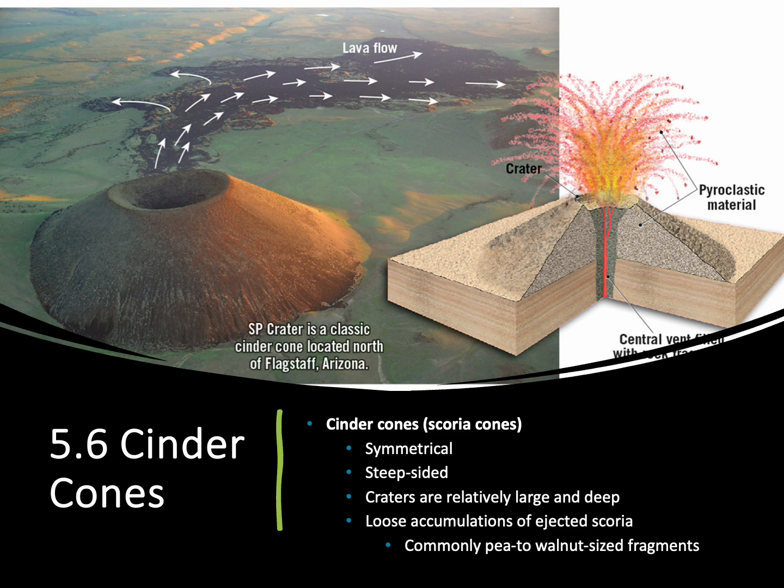We're going to see that they have really deep, well-developed craters. And if we look at the sides of the volcano, they're going to be made out of these loose layers of scoria, that vesicular or holey volcanic rock that's full of air holes. So it's basically like a giant pile of gravel, like we can see when we drive down I-4.